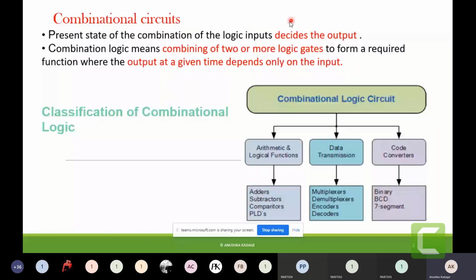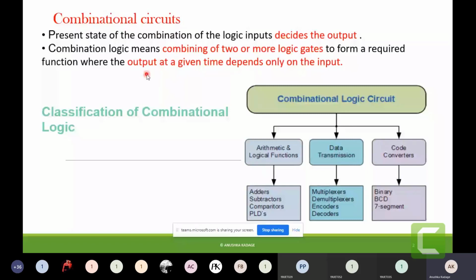But these outputs will be defined by the combination of logic inputs provided at the present instant. So we are saying that a combinational circuit is combining 2 or more logic gates which are going to form the required function.